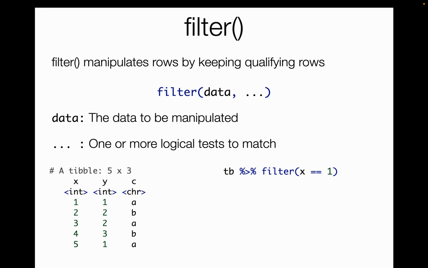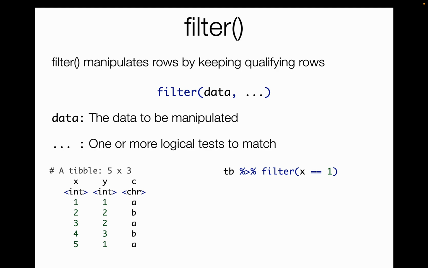So it takes TB and plugs it into the first argument of filter. I could equivalently write filter TB, comma, x equals 1. Okay, so those would be the same things.